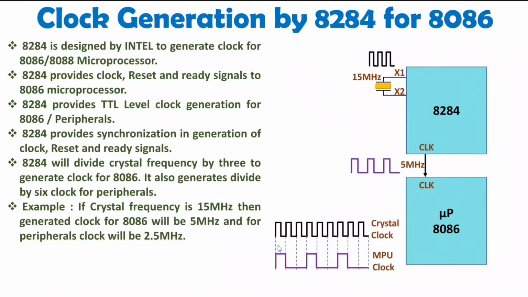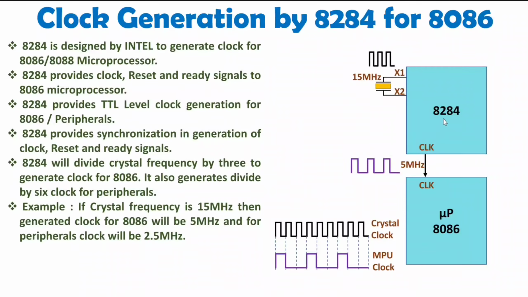And secondly, for 1/3 of the time period the MPU's clock is high, and for 2/3 of the time period the MPU's clock is low. So you can say 33% duty cycle is generated, right? And this clock is given to the microprocessor 8086. So we are dividing frequency by 3 as well as generating 33% duty cycle.